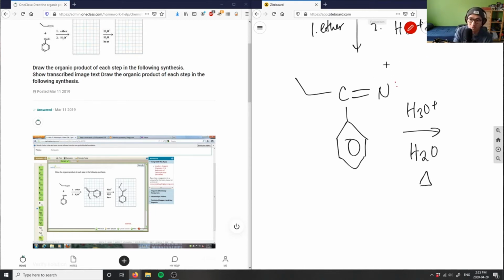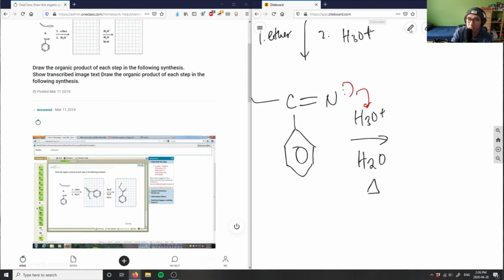So basically what's going to happen is that these lone pairs are going to take a hydrogen from the acid. So I'm going to get something like this. I have double bond N, bond H here. It's probably going to take actually two hydrogens.